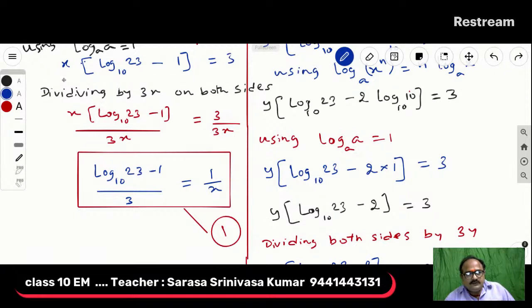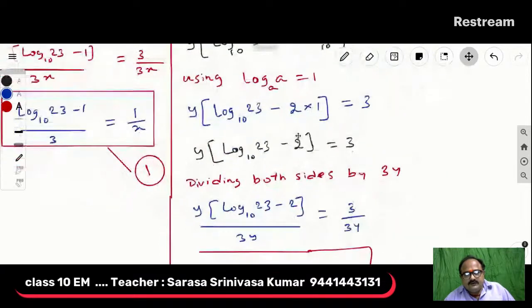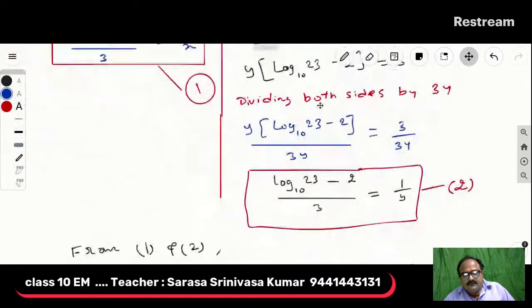Now, on the right hand side also, we have written the step dividing both sides by 3y.